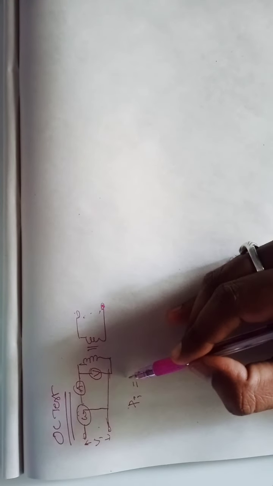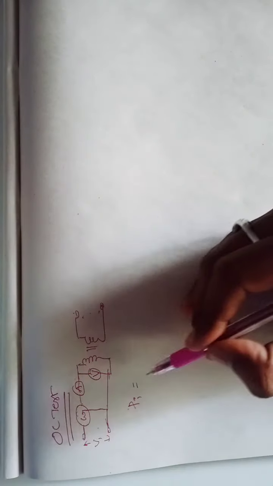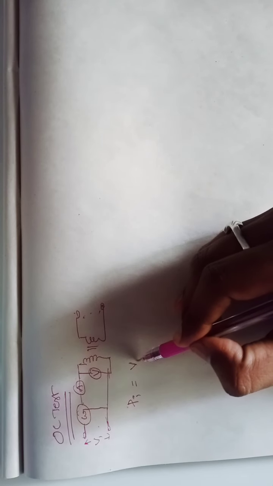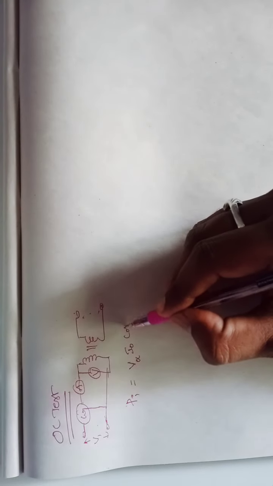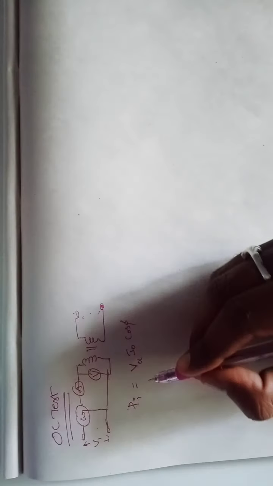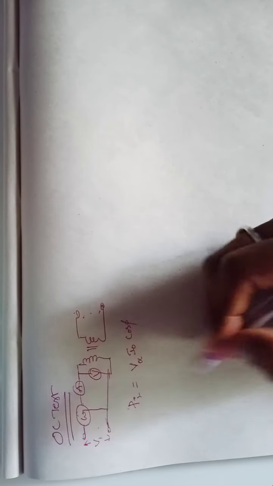Pi is equal to the voltage in your open circuit, that is VOC, and the current reading by the ammeter, and the cos phi. So Pi is equal to VOC I naught cos phi.